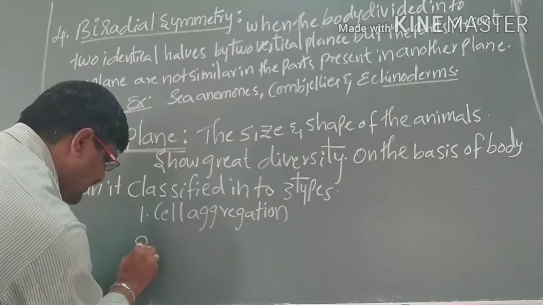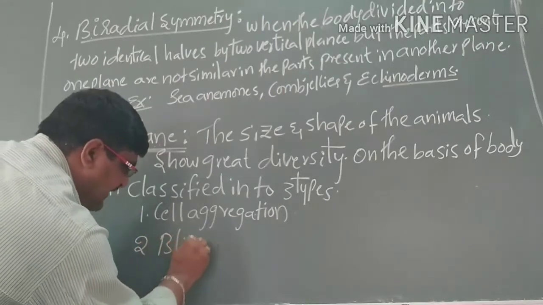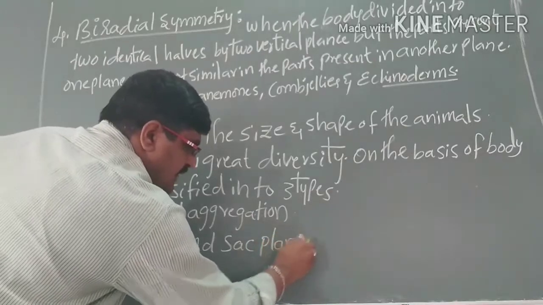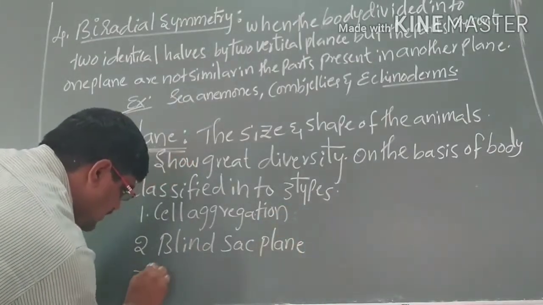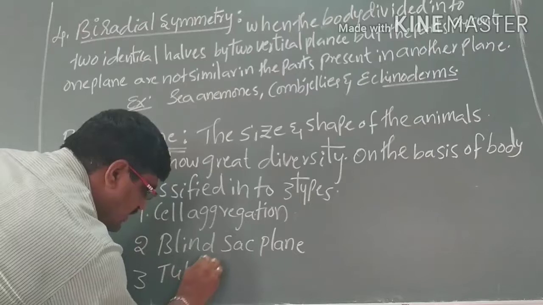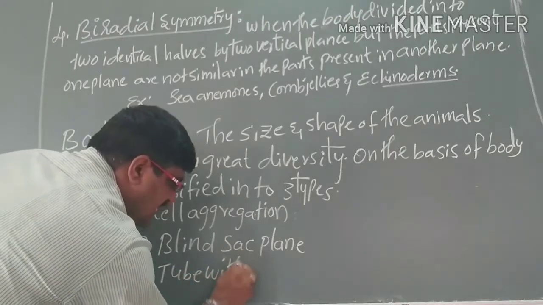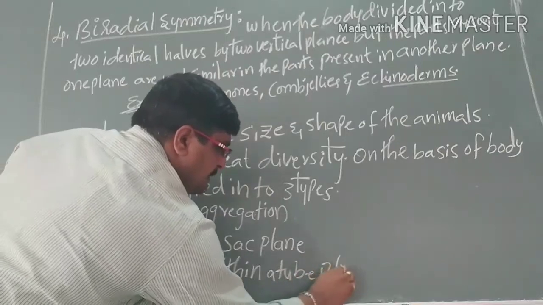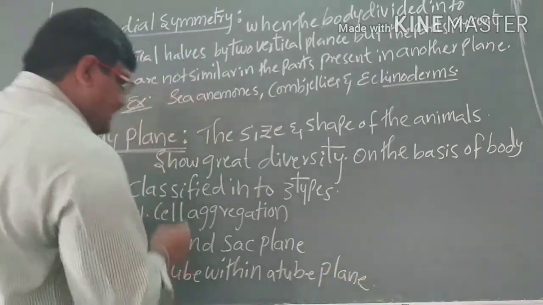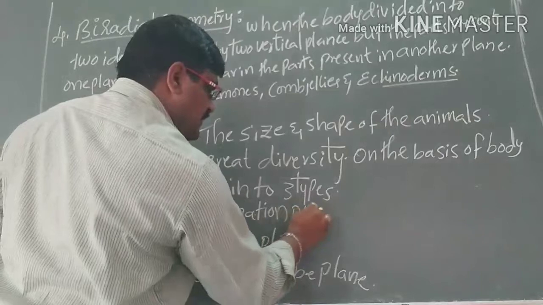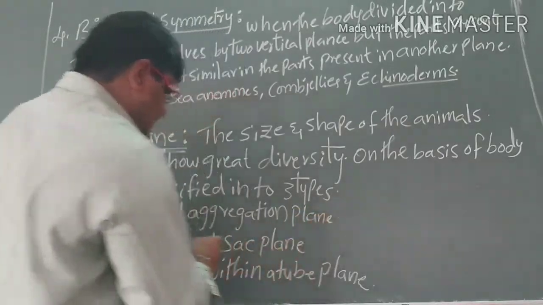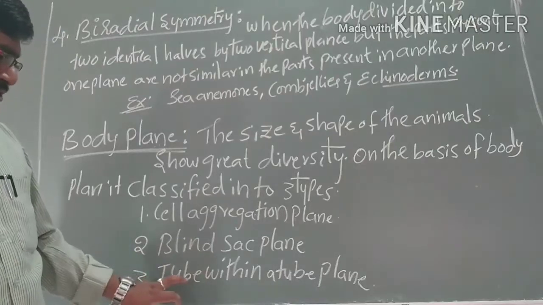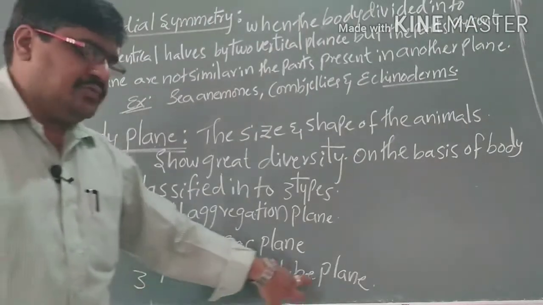The second one is the blind sac plan, and the third one is the tube within a tube plan.